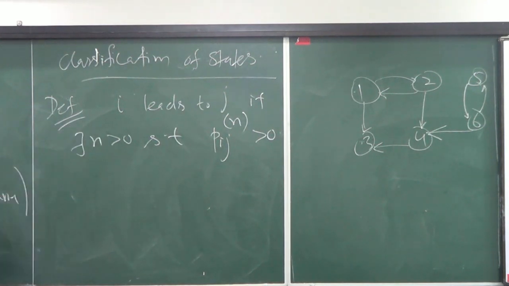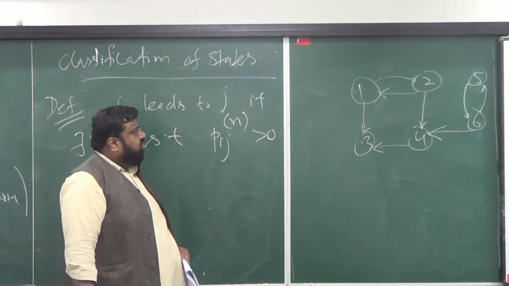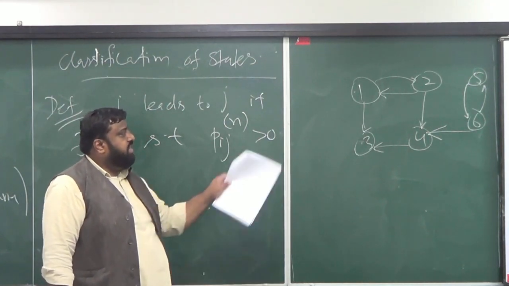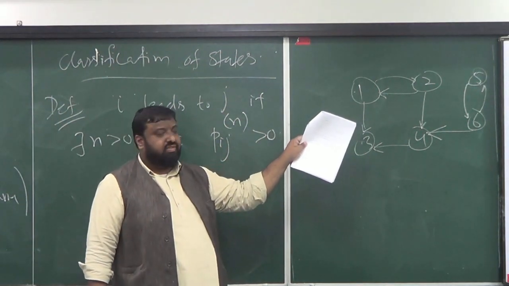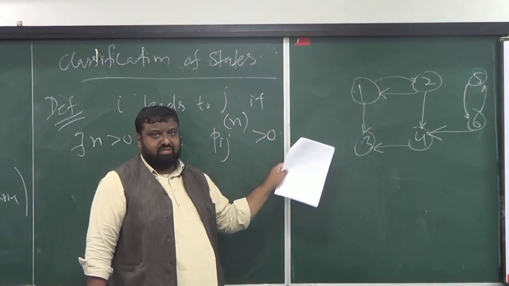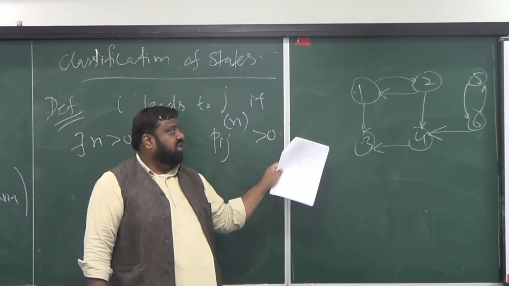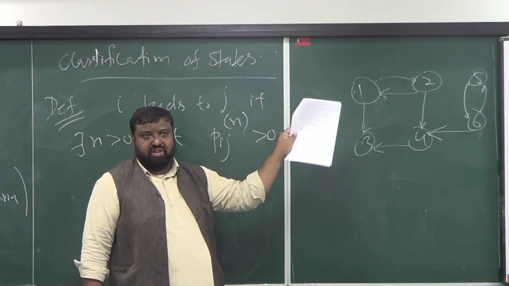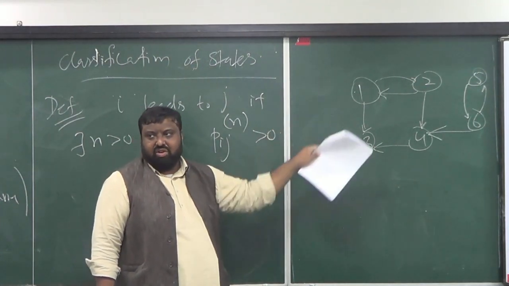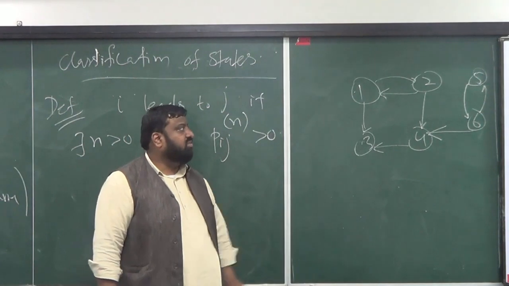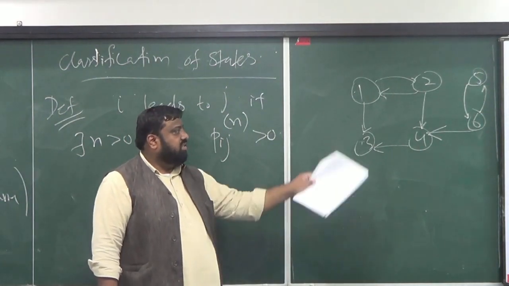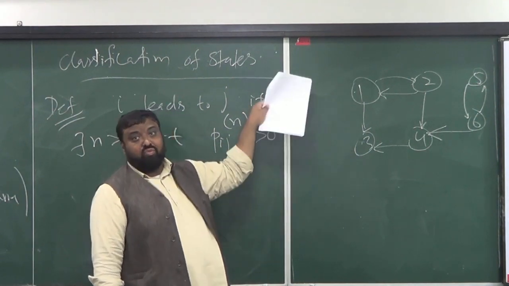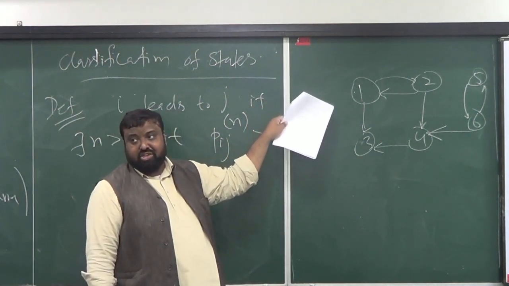So in this chain, what do you think? Which of the states are going to lead to which? Can I say 1 leads to 2? Yeah. 1 leads to 3. 1 leads to 5? No, no matter how hard you try. 5 leads to 1?